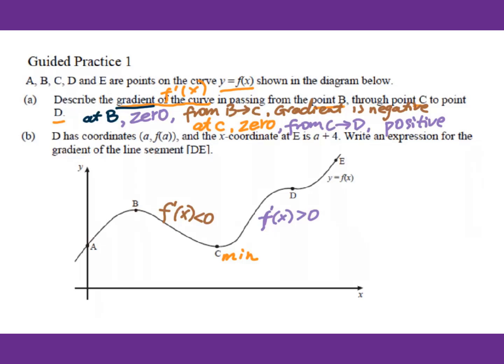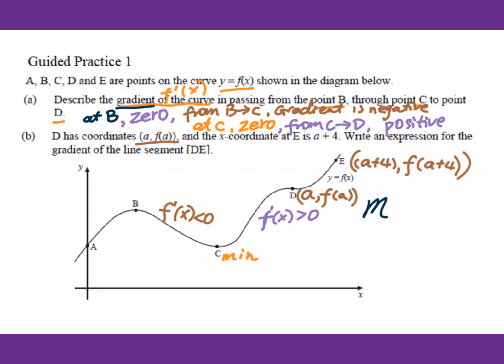Now D has coordinates A, f of A. The x coordinate at E is A plus 4, which means the y coordinate will be f of A plus 4. Write an expression for the gradient of the line segment DE. So we are looking for this slope.